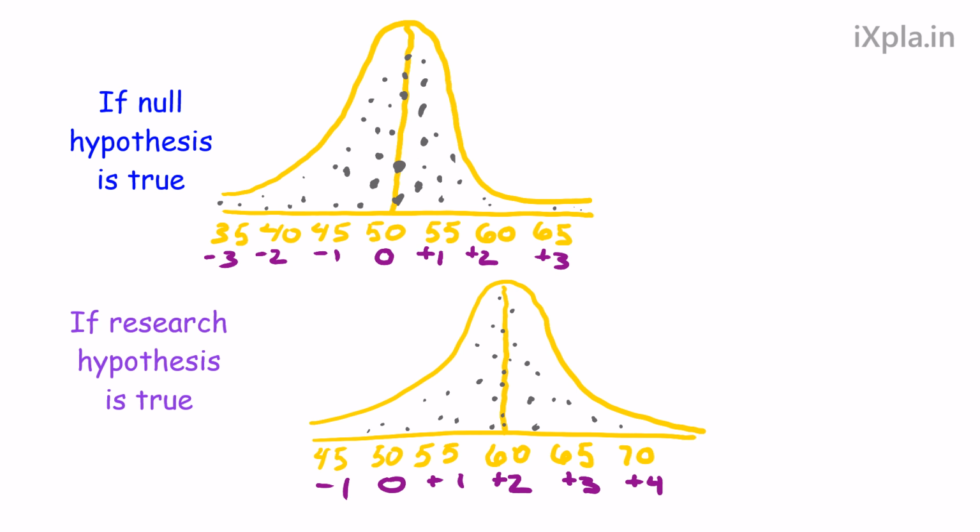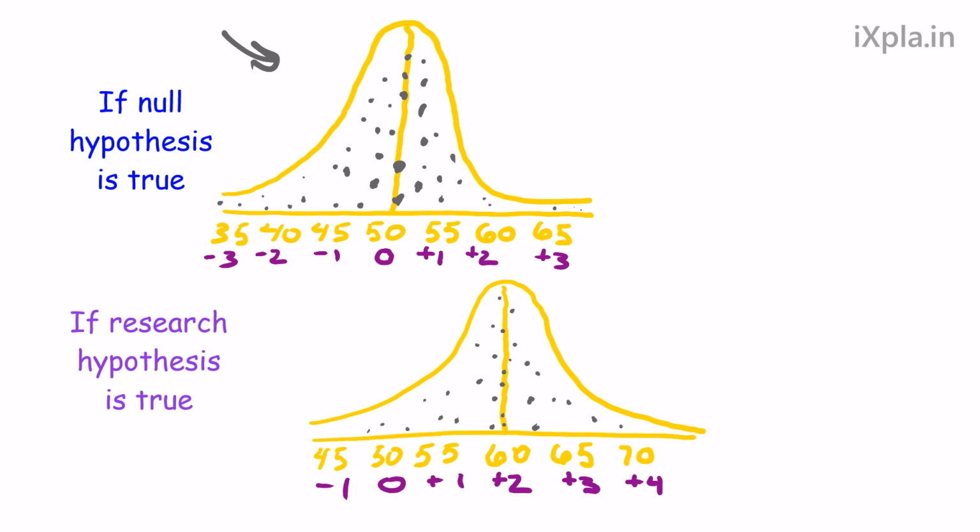Now, how does this pan out in the hypothesis testing procedure? Well, always in the null hypothesis testing procedure, you're testing the null hypothesis. So it's this top curve that you're going to be dealing with all the time. This is where you test. You decide whether or not the null is true.